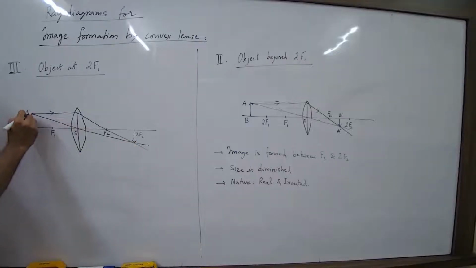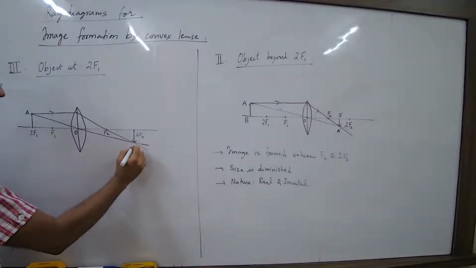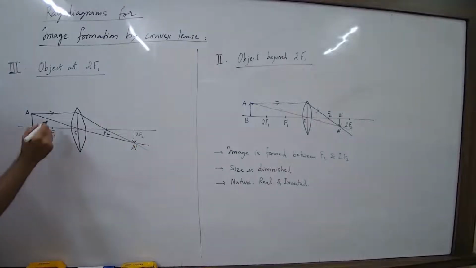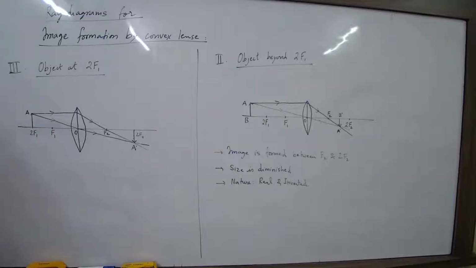So just write here A. This will be A dash. Now arrow. So image at F2. Same size.